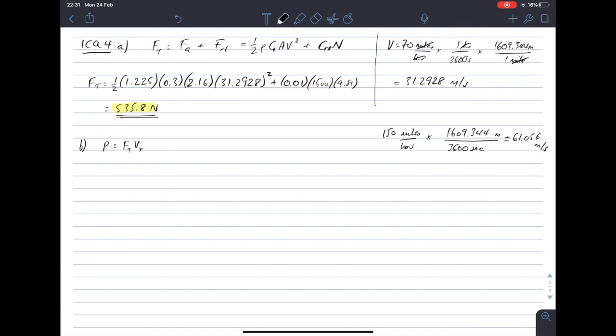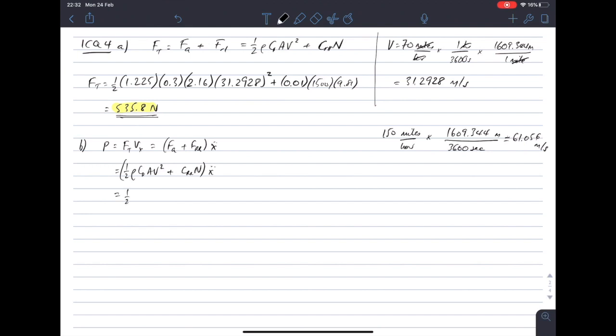Now the tractive force required is going to be equal to the resistive forces that are being applied. So we've got the aerodynamic force, and the force due to rolling resistance, FRR or FRL, times by x dot, which is our velocity. So we get 1/2 rho CD A V squared plus CRR times by the normal force, multiplied by our x dot term.